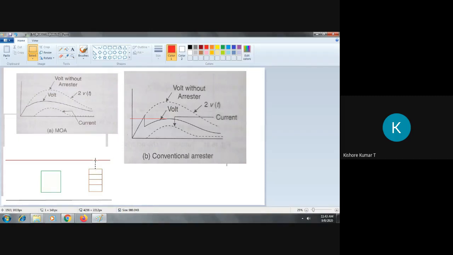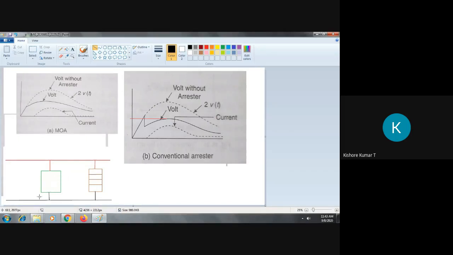So lightning arrestor is always connected in parallel with the equipment for which you have to employ protection. Like this.